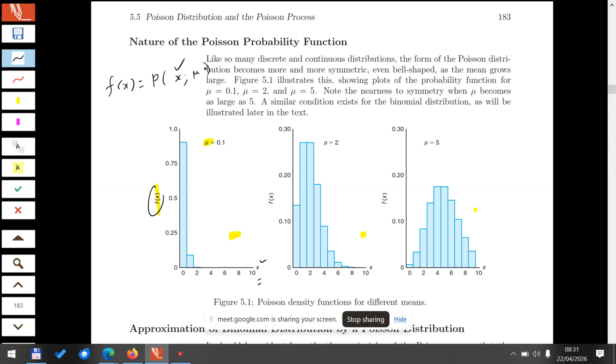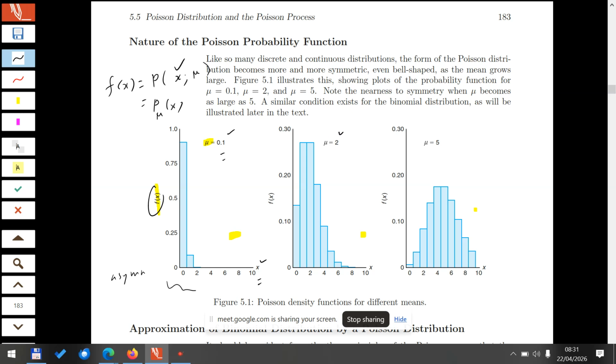So it's a parameter. You can even think of it in this way, right? p mu of x. So the variable is x, but mu is the parameter. And you will see a pattern. For small values of mu, the distribution is asymmetric, so it's more to the left than to the right.